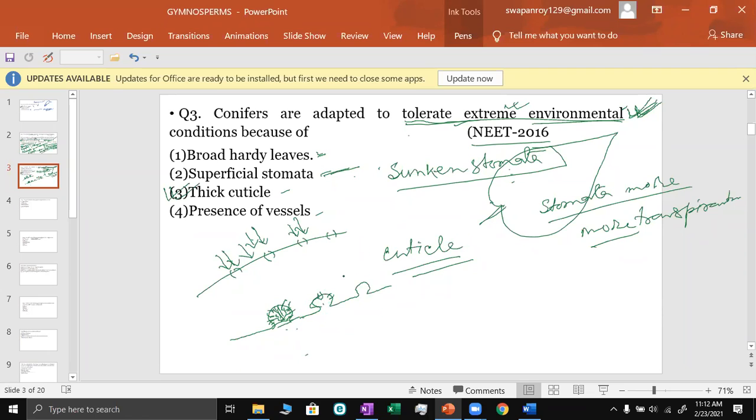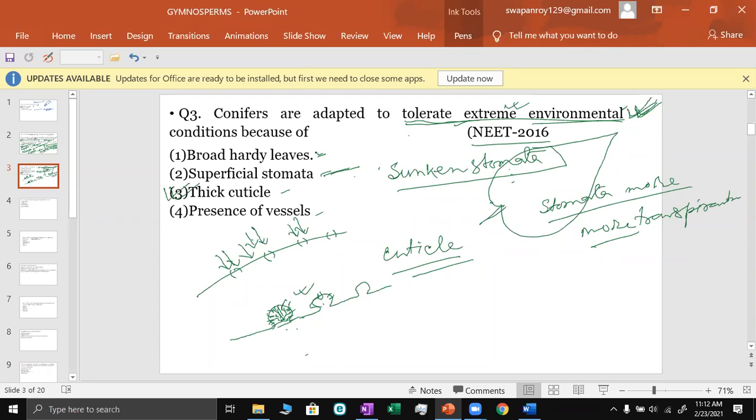But actually, they have to open the stomata because they have to exchange gas for photosynthesis and respiration. So stomata they cannot close. So they find ways that the transpiration should be less.